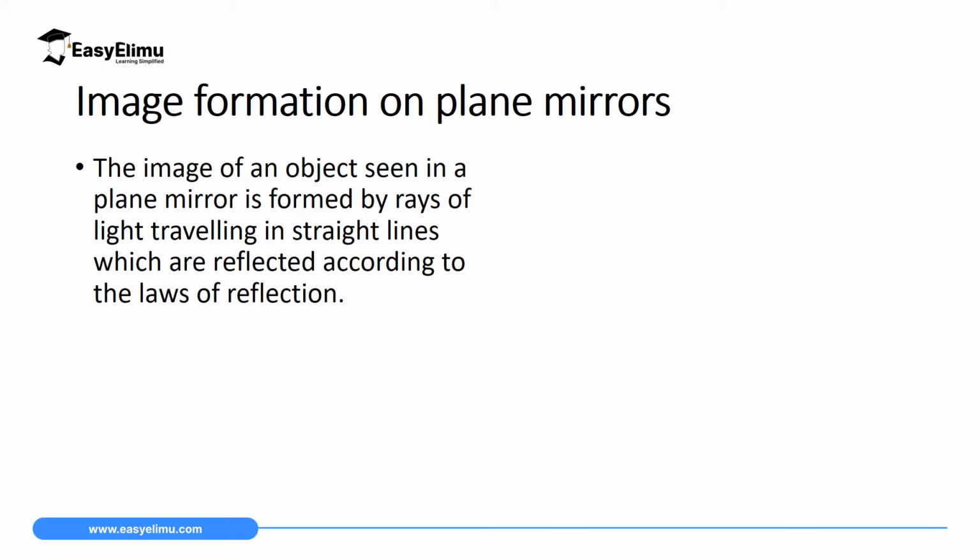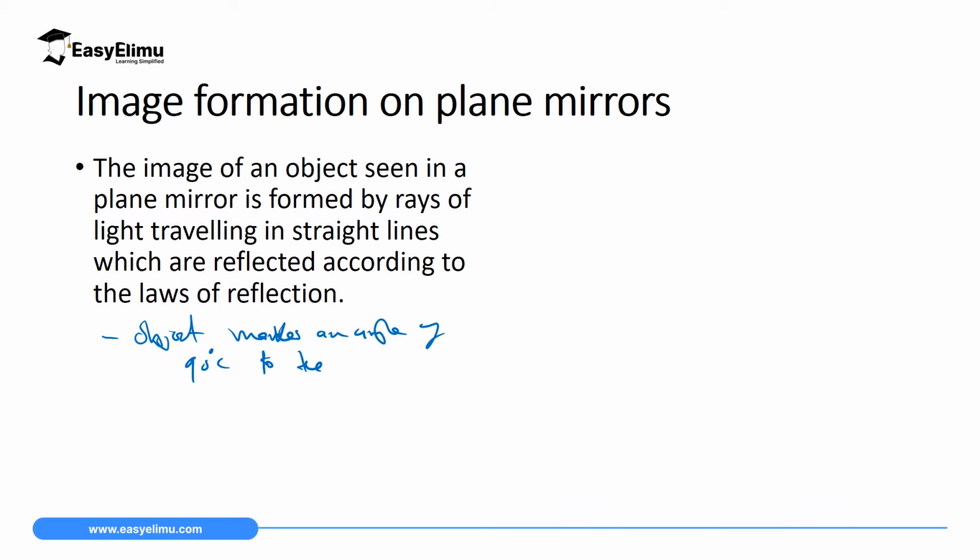Again, before we form images on a plane mirror, it's important to know that an object makes an angle of 90 degrees to the mirror.